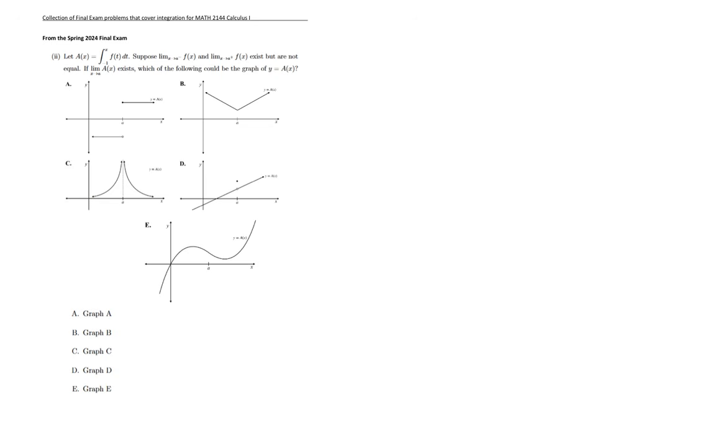Okay, the next one says, this is my integral from -1 to x of f of t dt. Suppose that the limits as x approaches a from the right and left exist but are not equal. If the limit at a exists, which could be the graph? Okay.